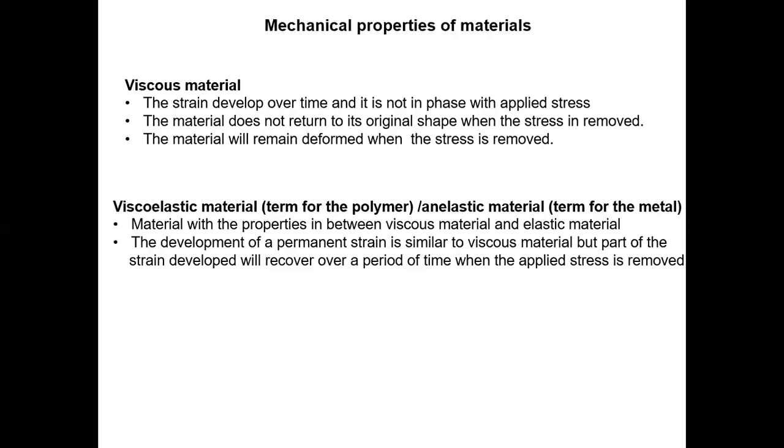Let's say it elongates 2 millimeter, a permanent deformation. But once you release the force, let's say 0.5 millimeter of strain is reduced over some time. Such behavior we call viscoelastic.